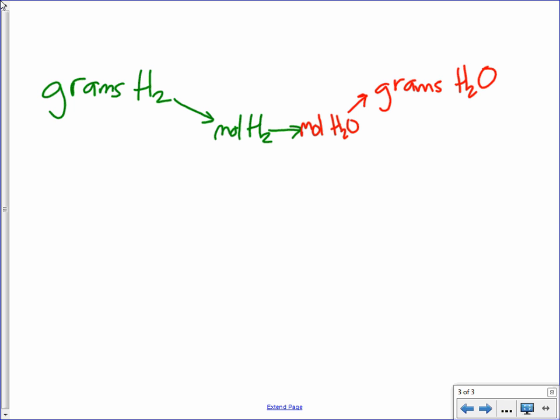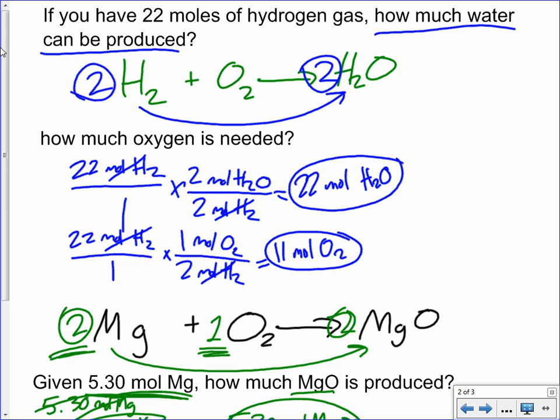So for the first step, grams to moles, you're going to use the molar mass of whatever chemical you're converting from. So in this case, it's hydrogen. So you use the molar mass of hydrogen. All right. Second step, easy. You just use the mole ratio between these two chemicals, which in this case, if we look back, it was 2 to 2.